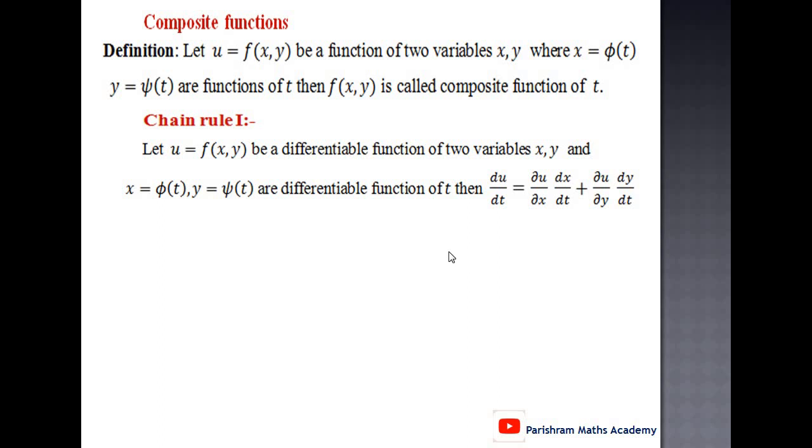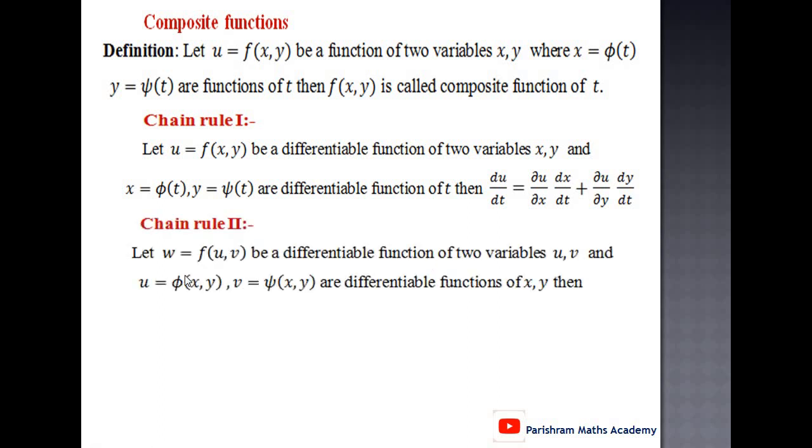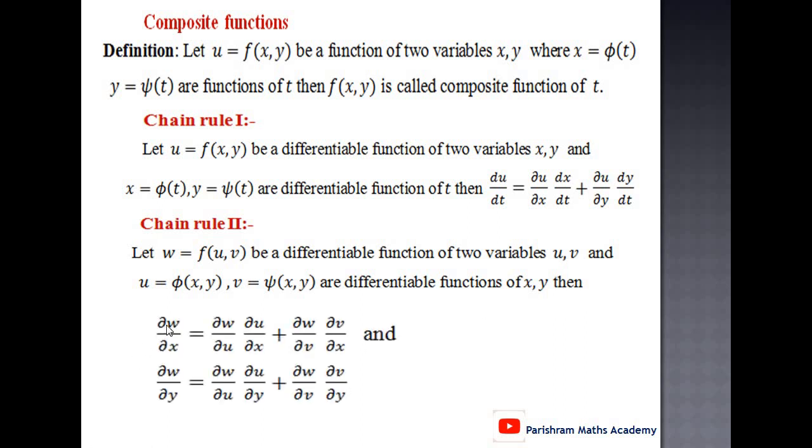This is chain rule first, then chain rule second. If w equal to f(u, v) be a differentiable function of two variables u and v, and u equal to phi of (x, y), v equal to psi of (x, y) are differentiable functions of x and y, then ∂w/∂x equal to ∂w/∂u into ∂u/∂x plus ∂w/∂v into ∂v/∂x, and ∂w/∂y equal to ∂w/∂u into ∂u/∂y plus ∂w/∂v into ∂v/∂y.